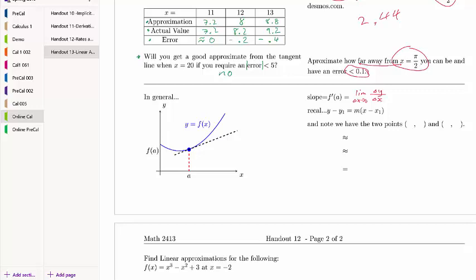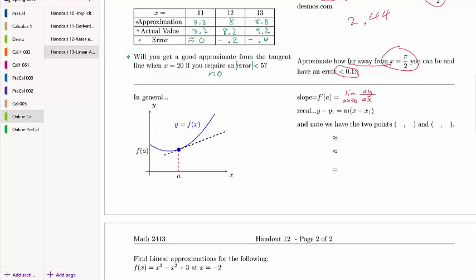Okay, and so moving forward, we note that we have the 2 points. We've got A and F of A, because that's that point right there. And then we have the point X and F of X. Of course, we're assuming that X is close to A. And so now we come down to here. We have these approximately equal to, and so we look at the derivative, which again is the slope.